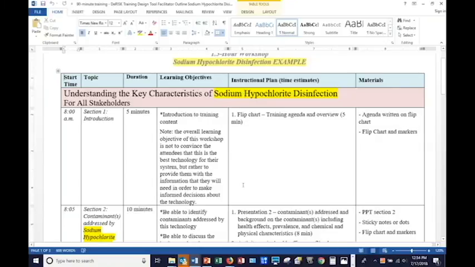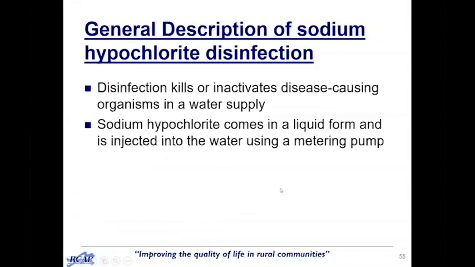So let's go on to... of what disinfection does, and some details about sodium hypochlorite.